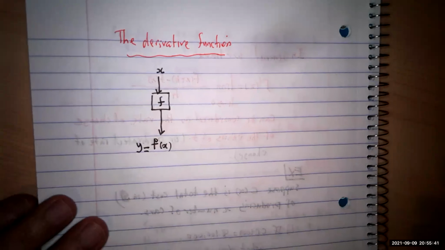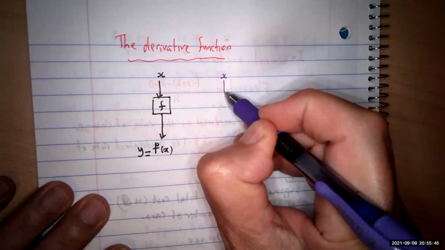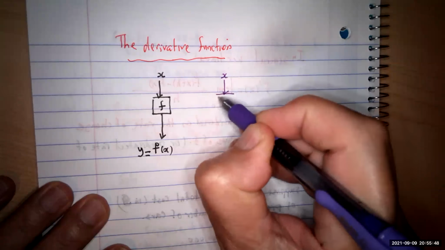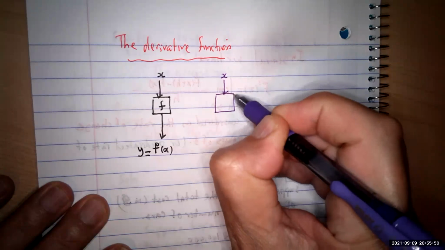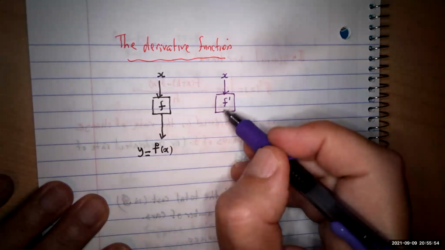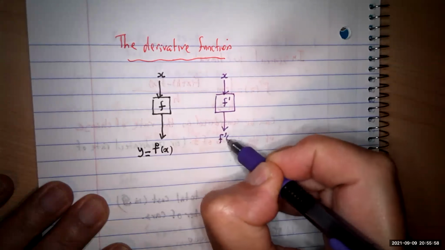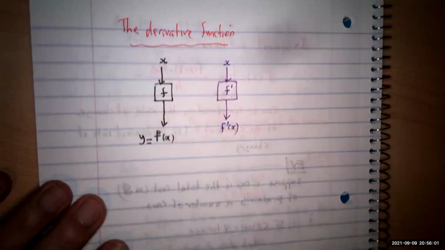What's that new machine? You give me x, I drop it into the new machine. What is that new machine? F prime machine, rate of change machine. So the result is going to be the rate of change of x, f prime of x. What was the formula for rate of change?